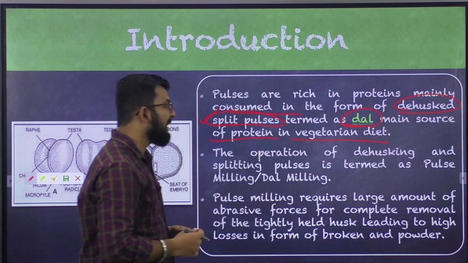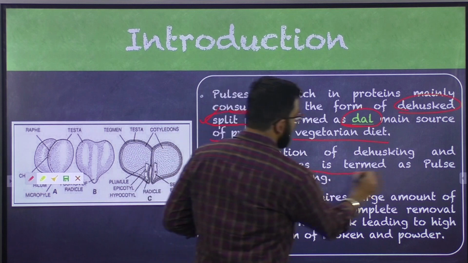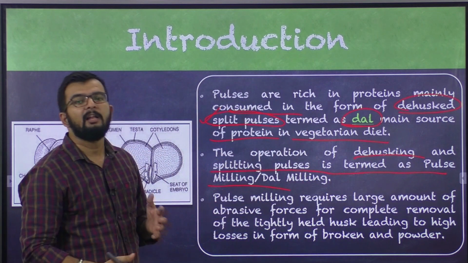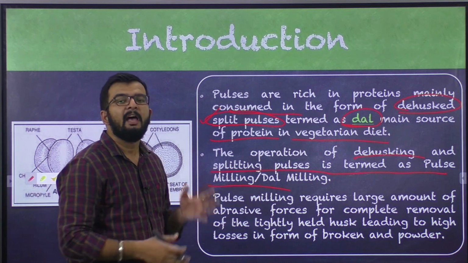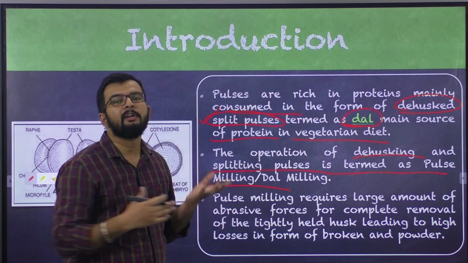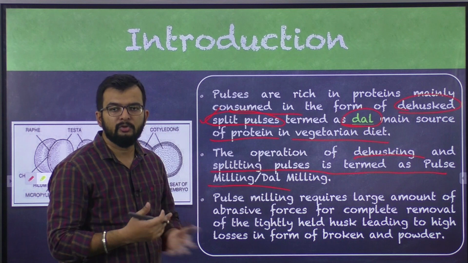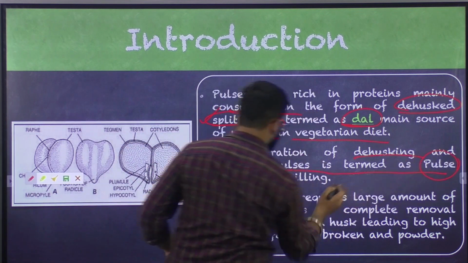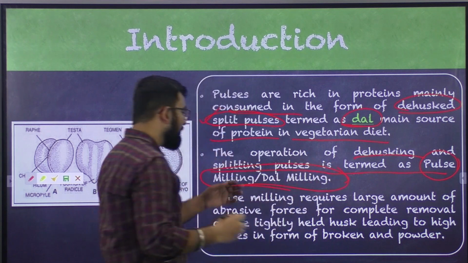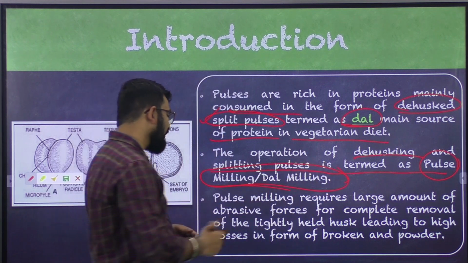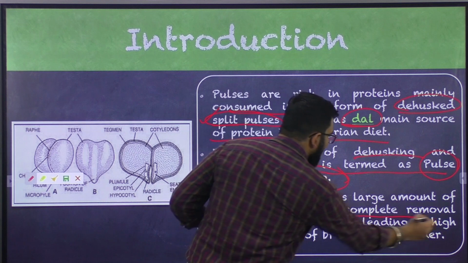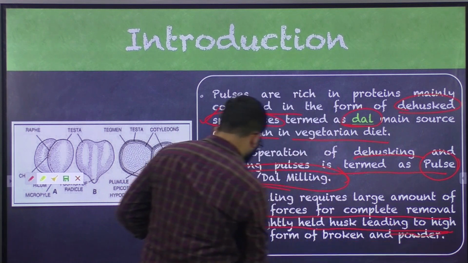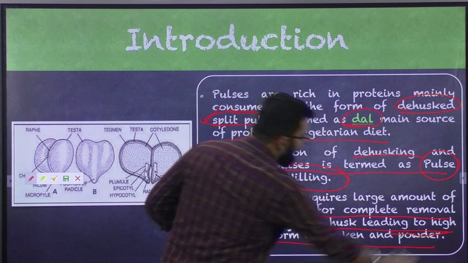The operation of dehusking and splitting pulses is termed as pulse milling. This operation of removing the hull or the husk of the pulses and then splitting them, or breaking the cotyledons into two individual cotyledons, is termed as pulse milling or dal milling. Pulse milling requires a large amount of abrasive forces for complete removal of the tightly held husk, leading to high losses in the form of broken and powder.